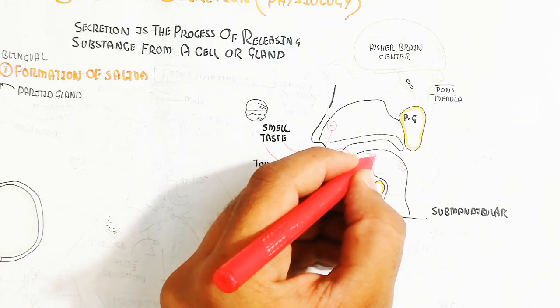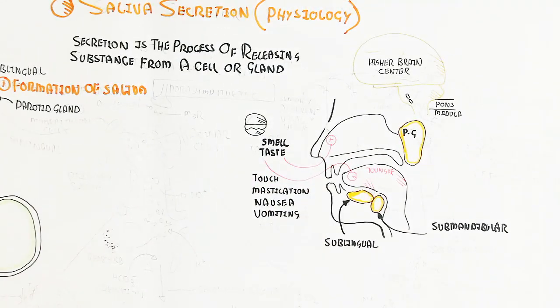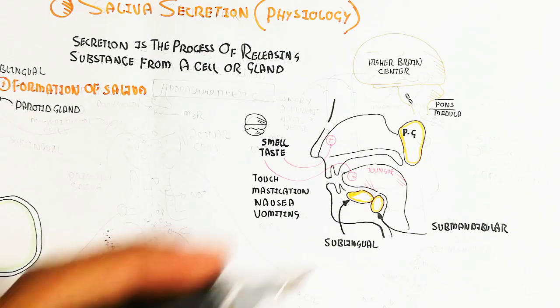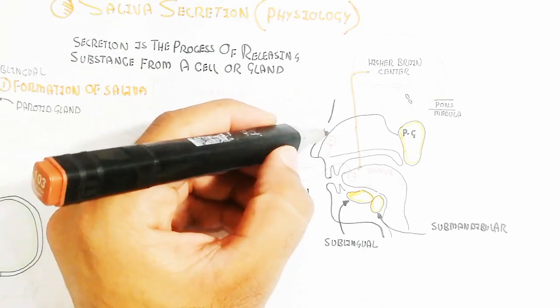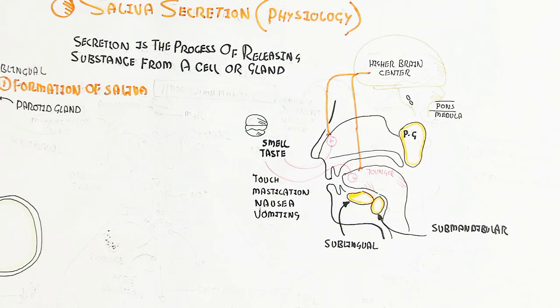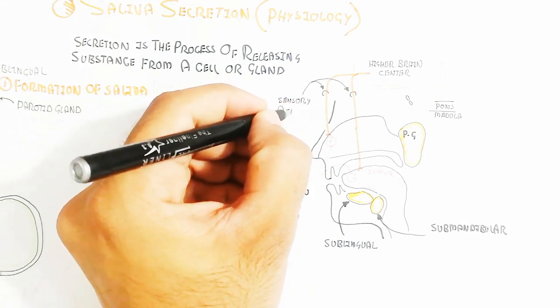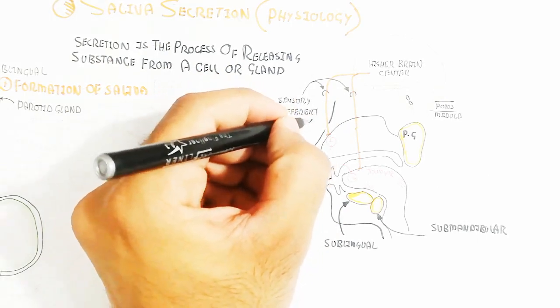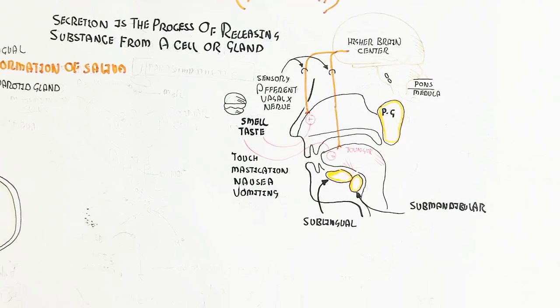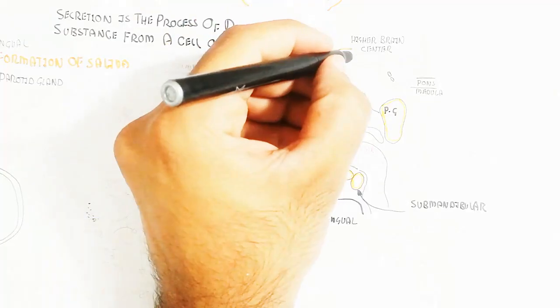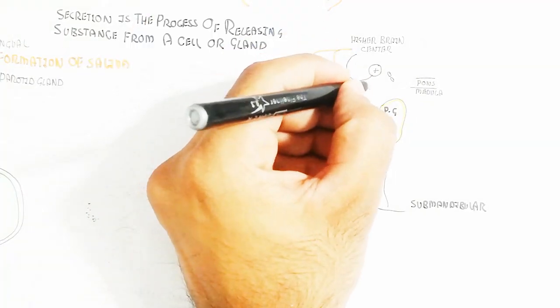The smell targets the nasal cavity, while the taste interacts with the tongue. In this way, the sensory afferent nerves, including the vagal nerve, cranial nerve 10, go into the higher brain center, passing from the brainstem to the medulla.